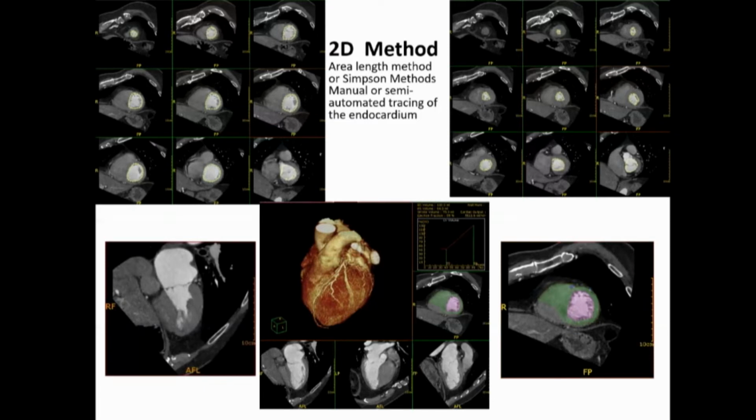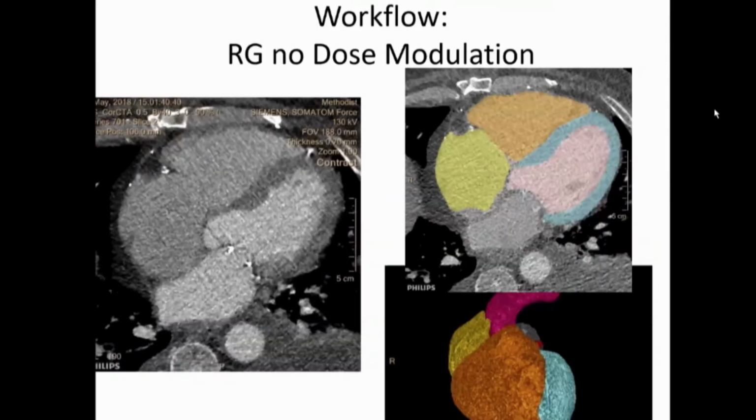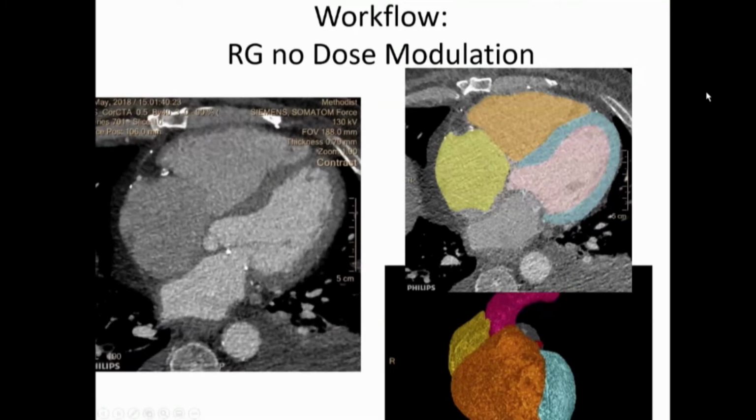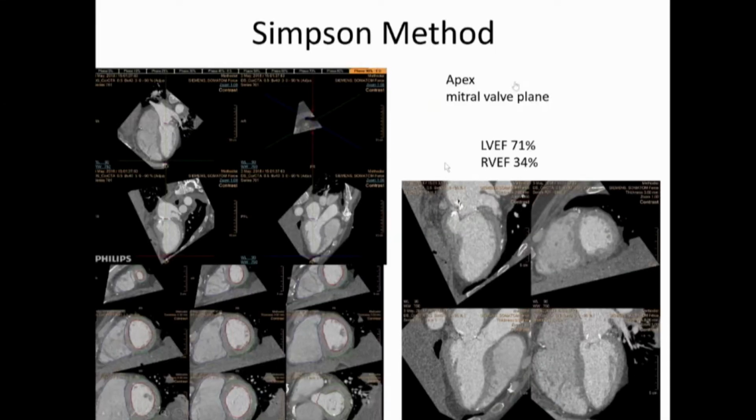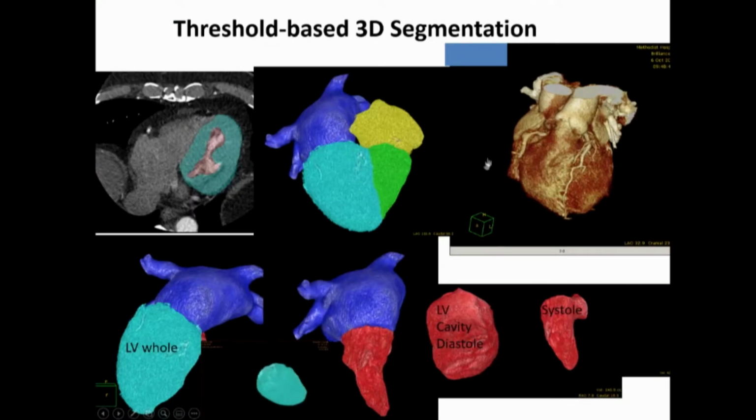So how do we calculate the volume and then ejection fraction? For 2D methods, essentially we can do the same thing as CMR, this is the Simpson method. It's nothing fancy. But this is most important because it is specific to CT.